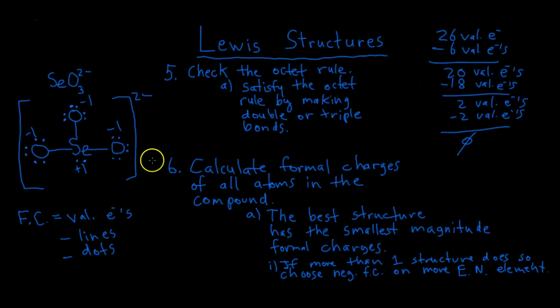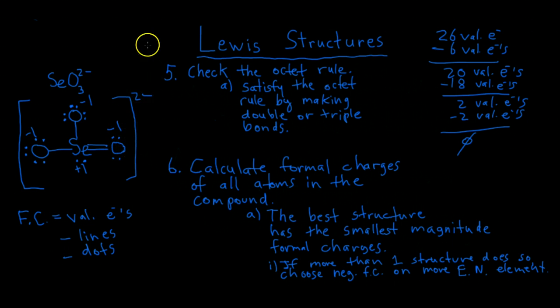So now we want to see if we can get that any better. Can any be 0? Can we get rid of any of these formal charges? Yes, we can. If we take one of these lone pairs on any of the oxygens and make a double bond to the selenium from the oxygen.